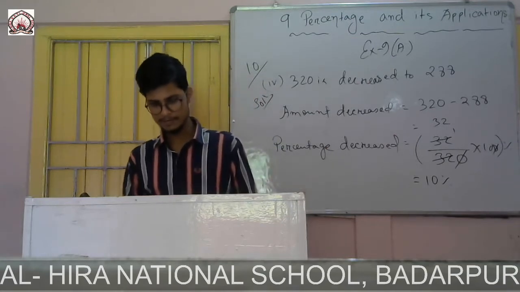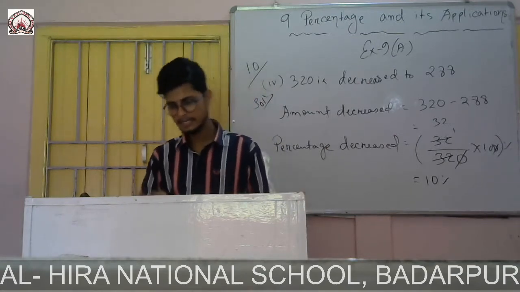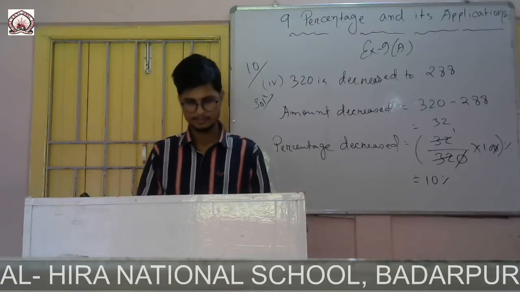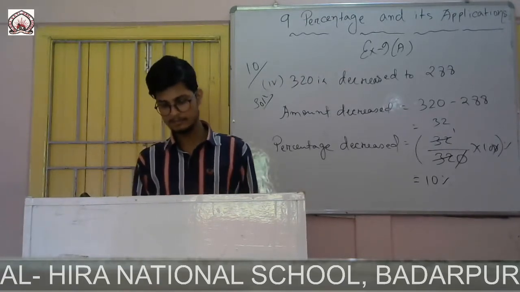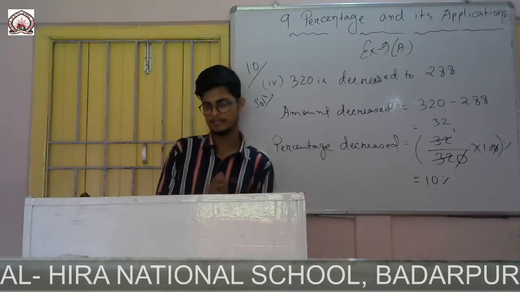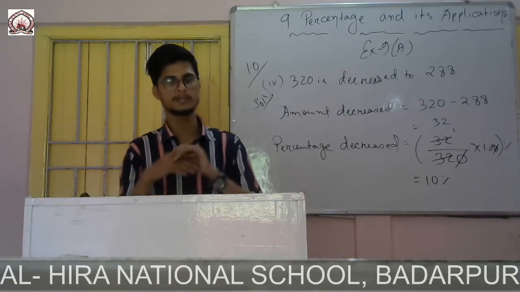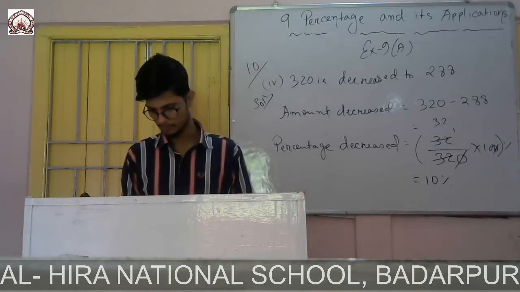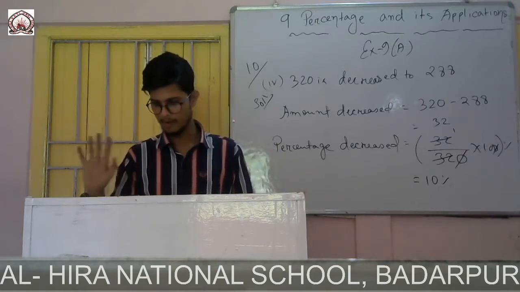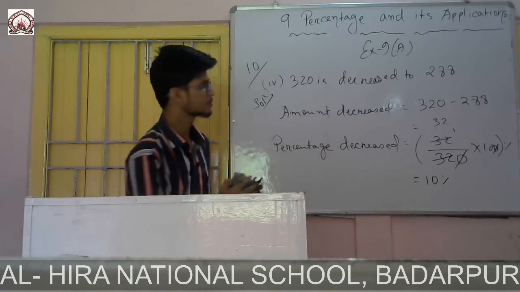Question number 11. You have to find increase, same like this. If I increase rupees 80 by 5%, then what will be the new value? You have to find this one. Okay, from 11 I will do only one, Roman number 4, you see.